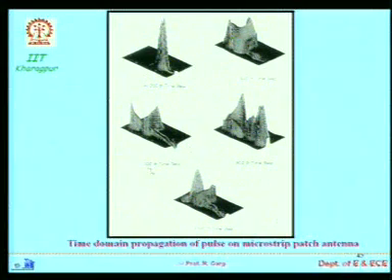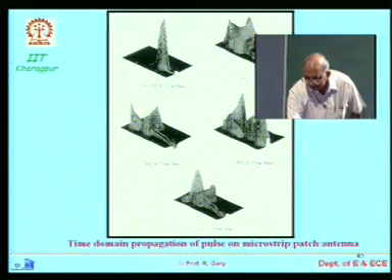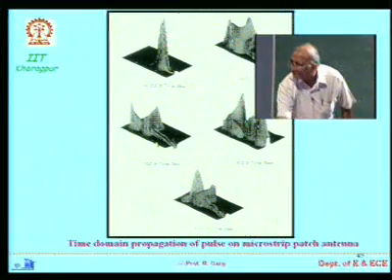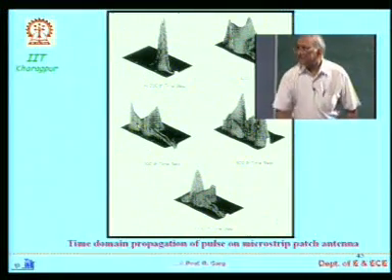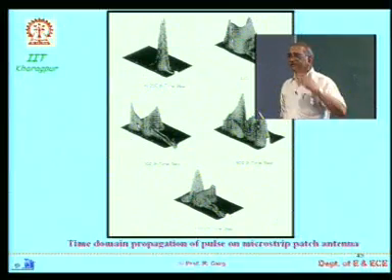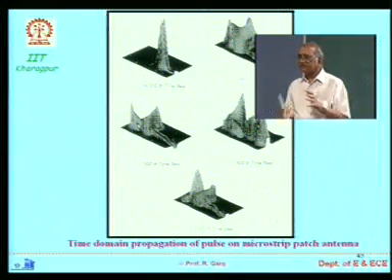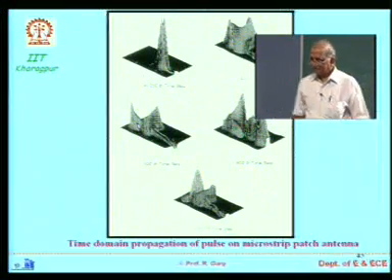At 500, 600 time steps, after getting reflected from here, it is trying to come back. As the wave progresses with time, there are some reflections, and due to this reflection the overall field distribution is going to change.